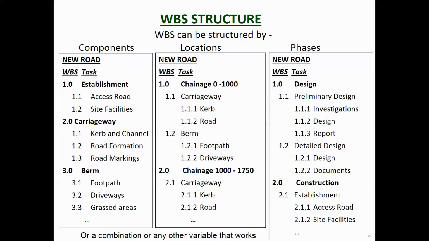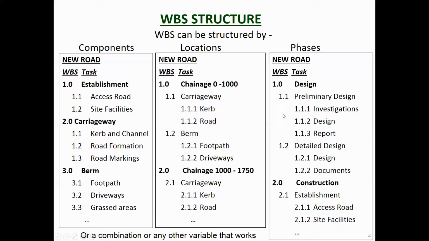So the work breakdown structure, as I said, is whatever works for you. You can structure it by components, which is what I showed you before: the establishment, the carriageway, we split it up. Or you could structure it by locations, split it into bits, which I've talked about before. Or phases of the project, or any combination of these that works for you.